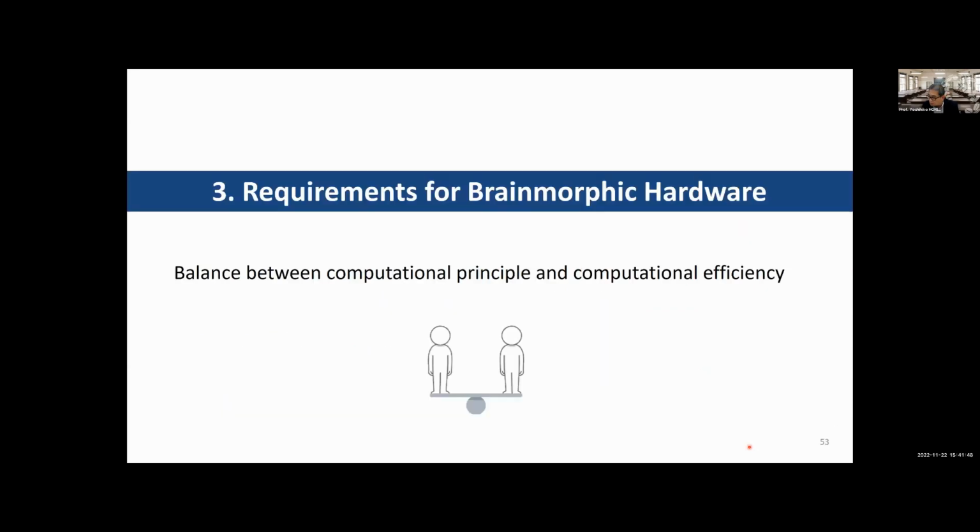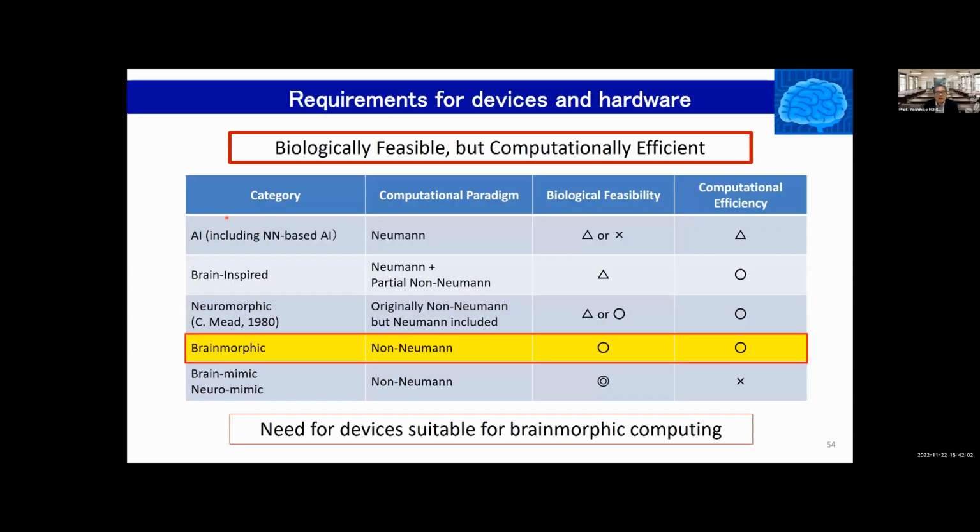Okay, so let's move on to the third item, which is requirements for the brainmorphic hardware. Let me mention this very briefly. Biological feasibility and computational efficiency should be balanced.